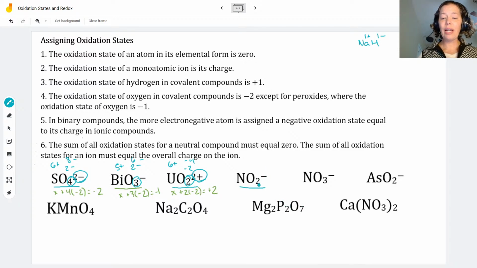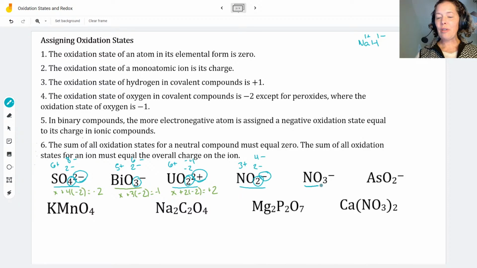Here we have nitrite. We've got oxygen again, which is -2. I have 2 of them. Oh, sorry, I was writing the multiplier instead of the final answer. That is -4. Again, my overall charge here, I kind of obscured it there, is -1. So my nitrogen is going to equal +3, and that'll give me an overall oxidation state of -1.